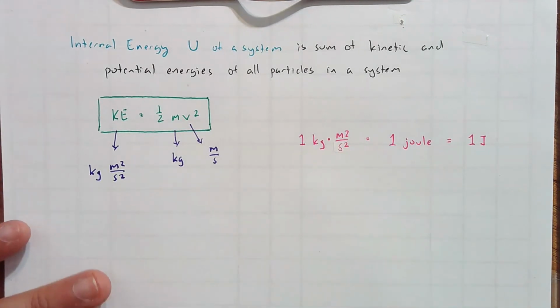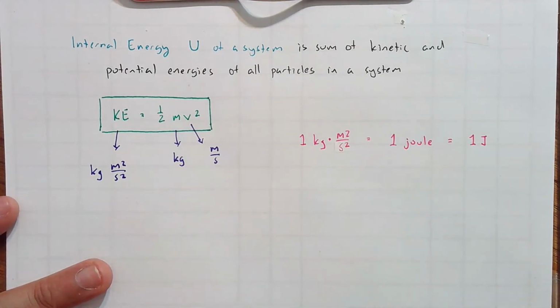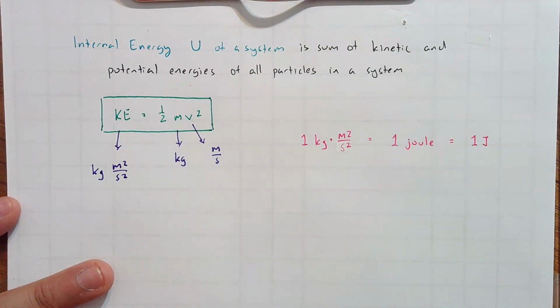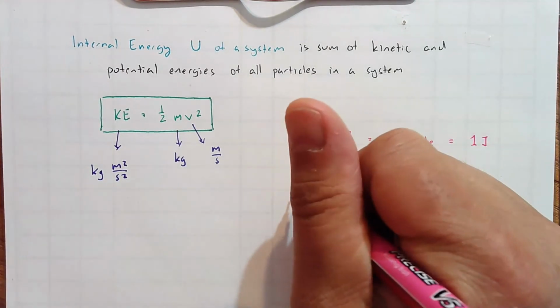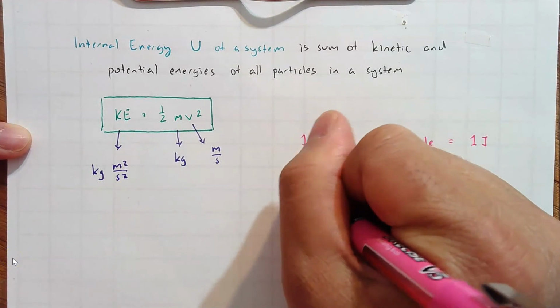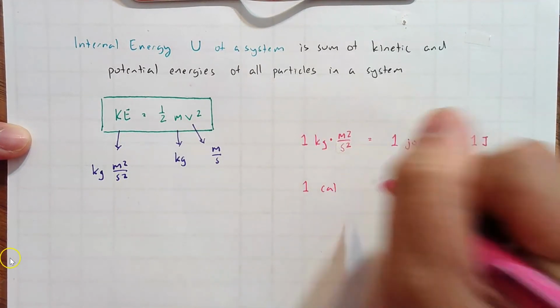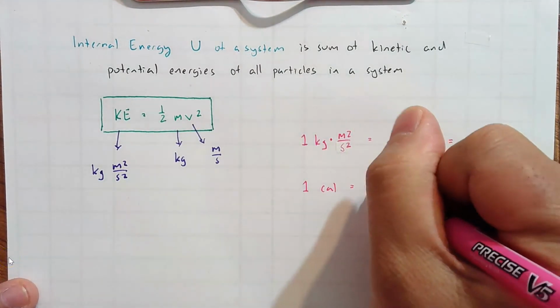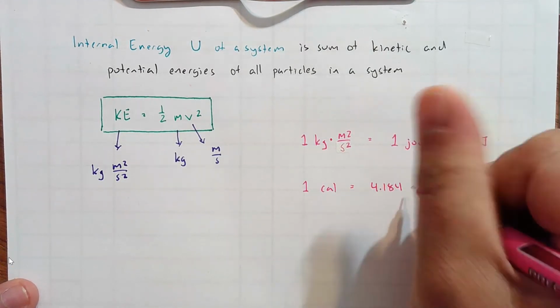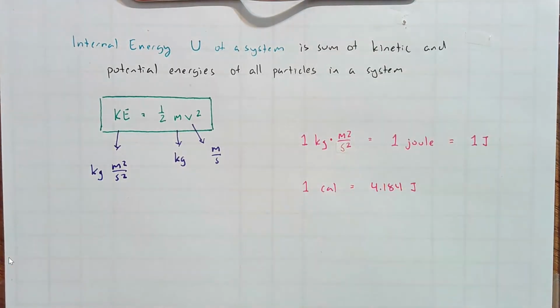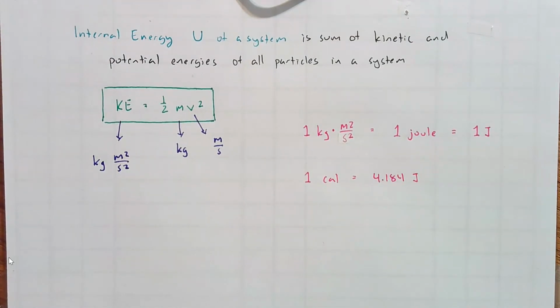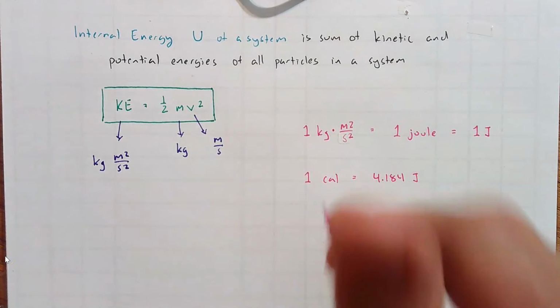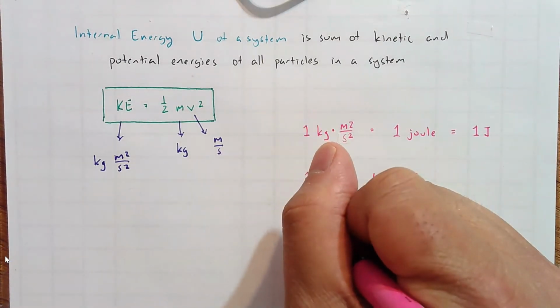Now, we know other units of heat and units of energy. You might be familiar with the calorie. 1 calorie, and the abbreviation is cal, equals 4.184 joules. Now, the peculiar thing is that when you think of a calorie in terms of food, a food calorie is actually different.